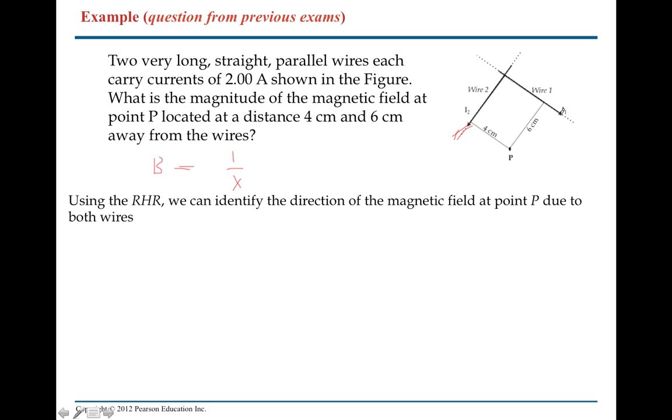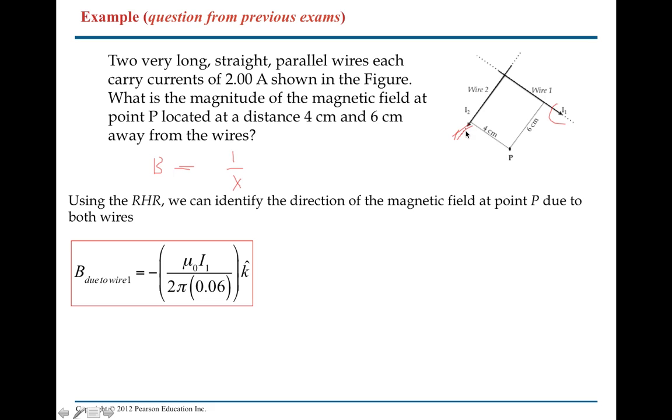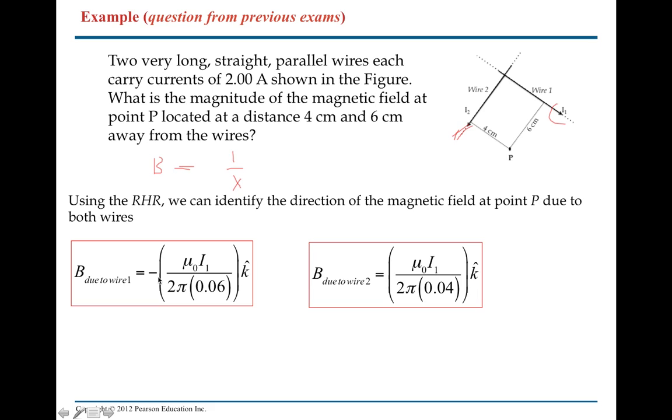However, for this one, the magnetic field is into the page, because you curl this way. So this will produce a field into the page, and this will produce a magnetic field out of the page. So the B due to wire 1 is negative k, that's into the page, and B due to wire 2 will be out of the page, as we saw.